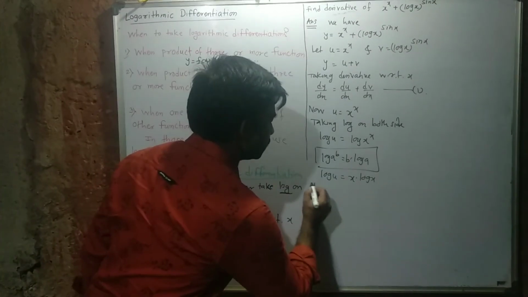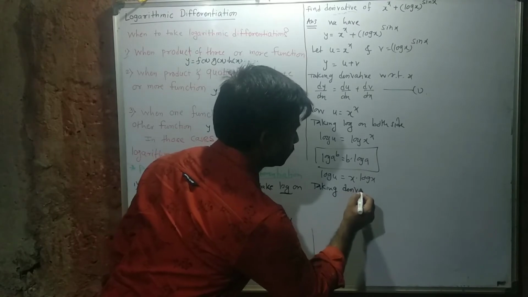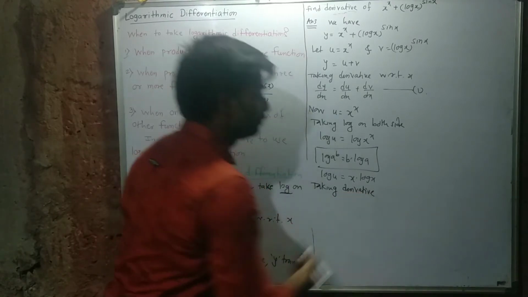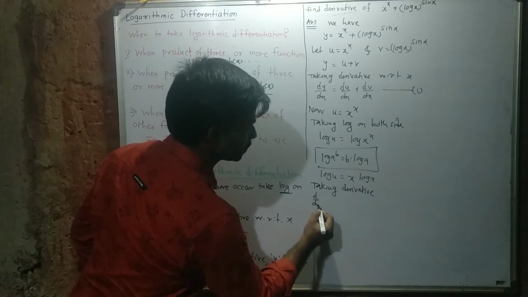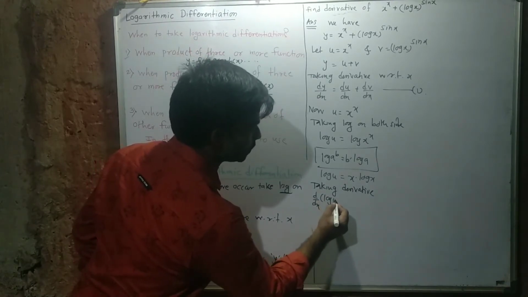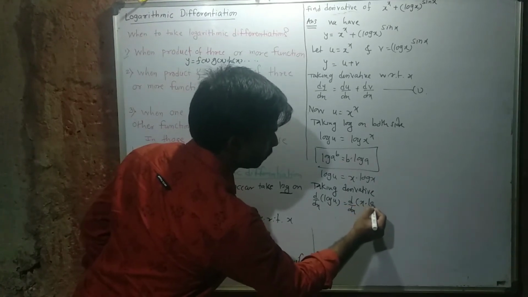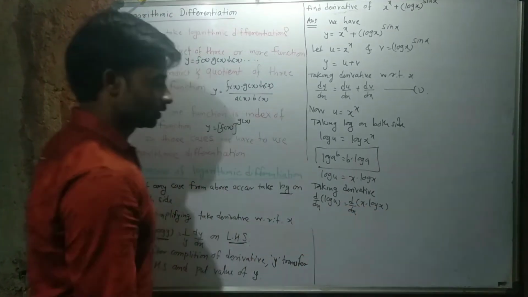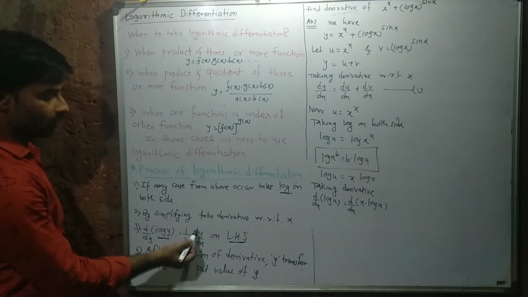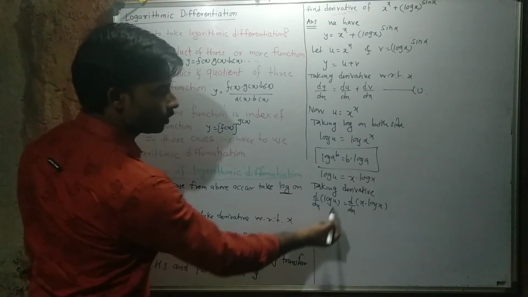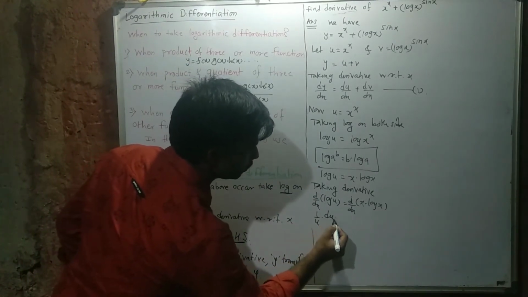Similarly, taking the derivative of u, that means d by dx of log u is equal to d by dx of x into log x. Log u having the derivative 1 divided by u into du by dx.